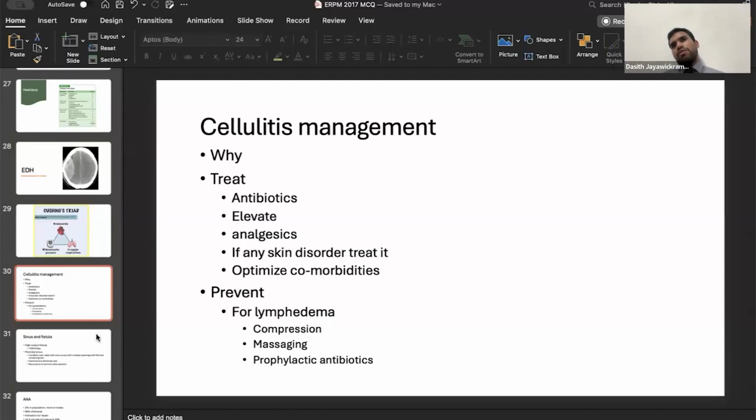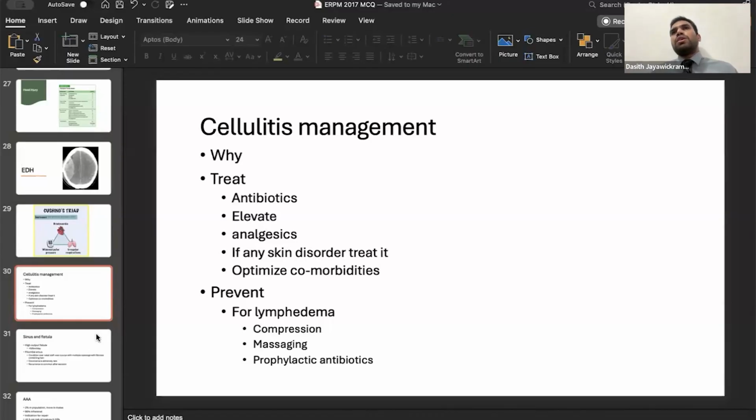Then, how do I treat this cellulitis? Then the third question is, how will I prevent this patient from getting further episodes of cellulitis? If we answer these questions, we have the management in our hand.